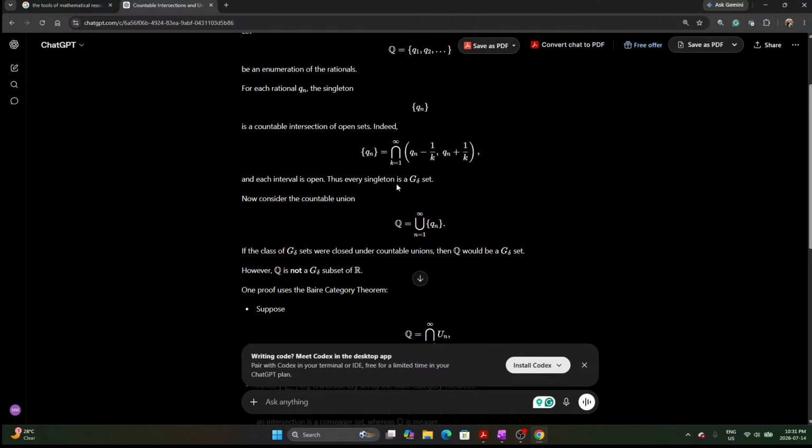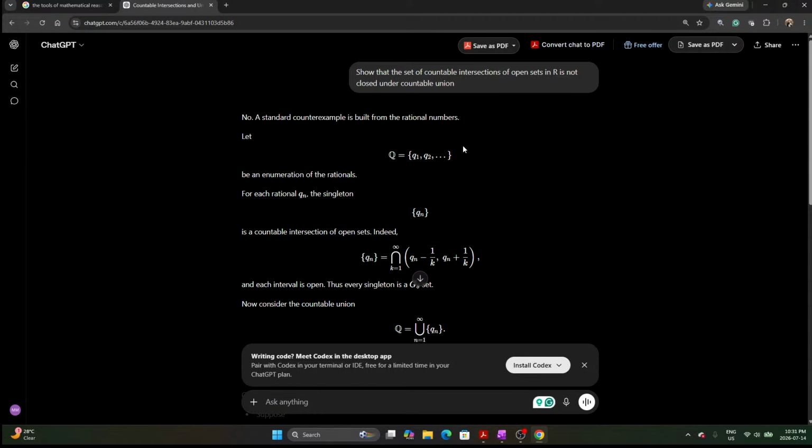We want to show that the set is not closed under countable union.